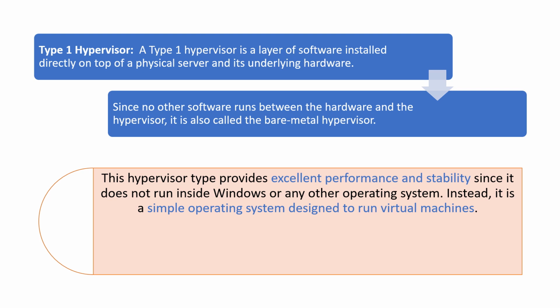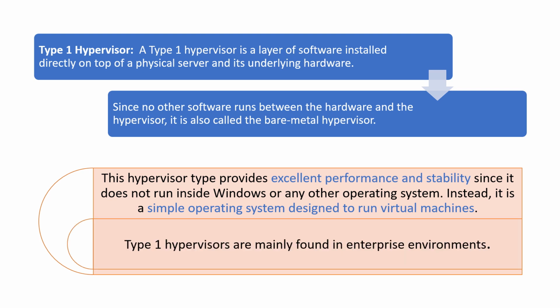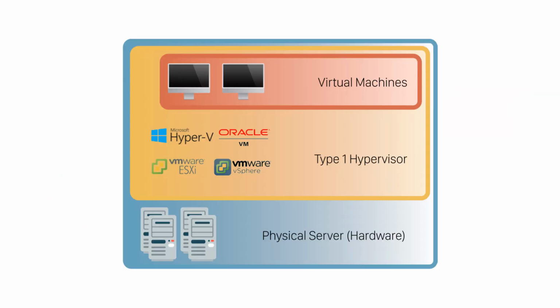It is a simple operating system designed to run virtual machines, and these are mainly found in enterprise environments. This type 1 hypervisor is directly installed on the hardware, so we can see that in the picture.